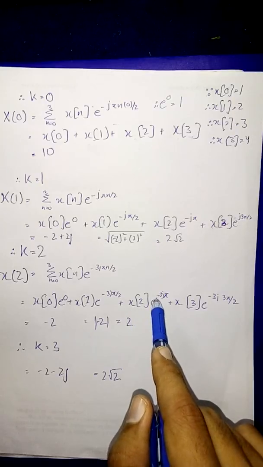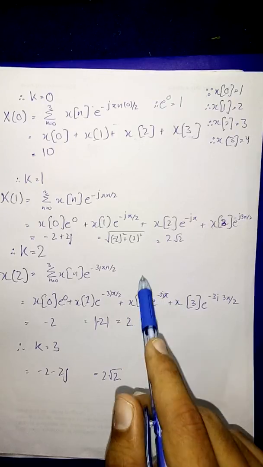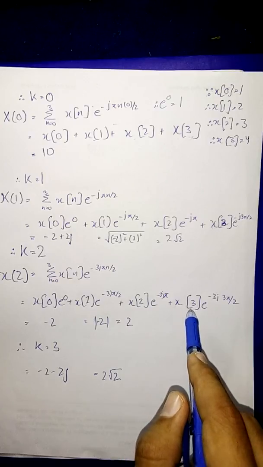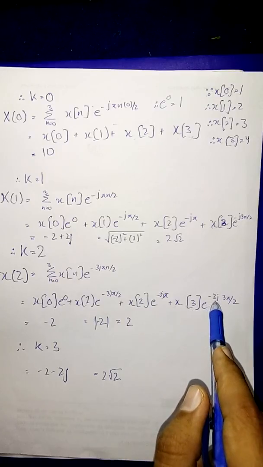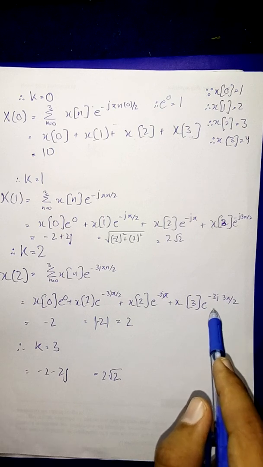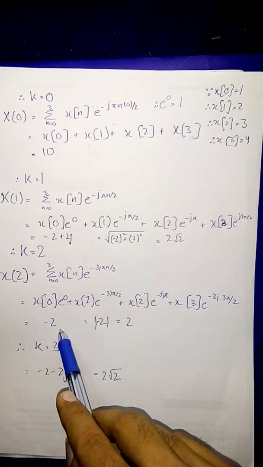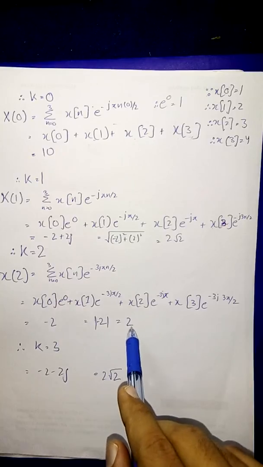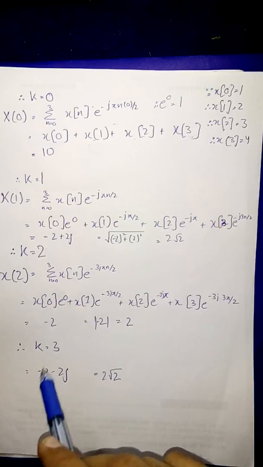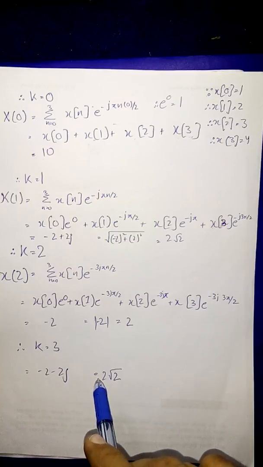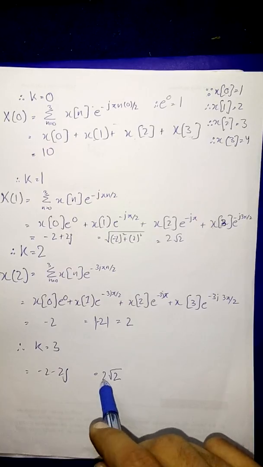For x of 2 we have minus 3j pi, the 2 cancels out, and for x of 3 we have e to the power minus 3j 3 pi by 2. If we simplify, again we have minus 2. Now if we take the mod we get positive 2. For k equal to 3 we have minus 2 minus 2j, which will be equal to root 8 or 2 root 2.